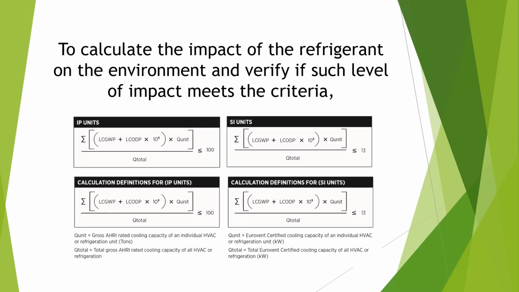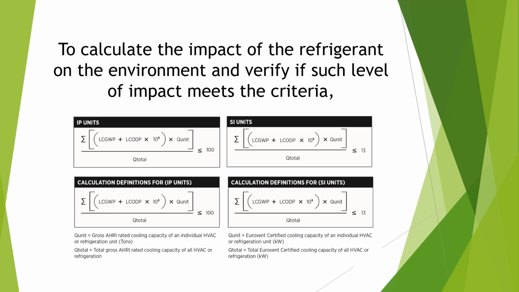Here are some formulas for IP units and SI units for how to calculate the impact of the refrigerant on the environment. The LCGWP and LCODP terms are added, with the LCODP term multiplied by 10 to the power of 5, to see if the result is maintained under a certain threshold, depending on the unit system used.